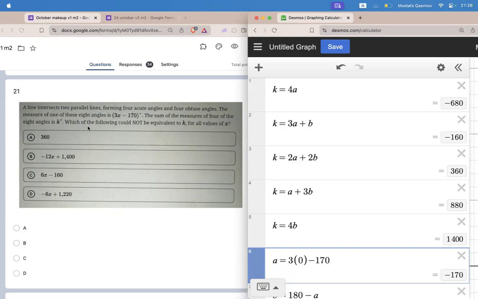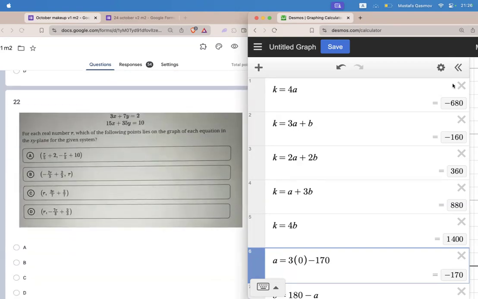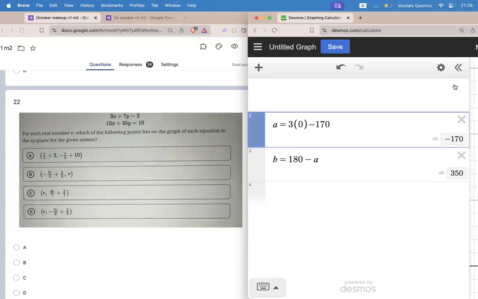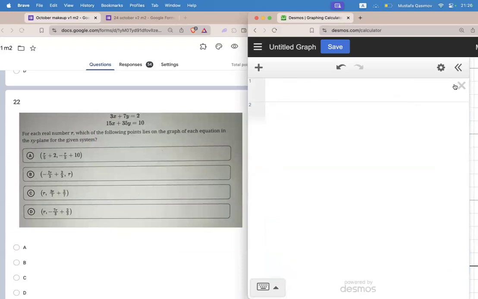Last question, we have to just write this simple equation in Desmos. You can see that if you multiply the first one by 5, you will get exactly the second one. That's why if you write one of them here, it is enough: 3x plus 7y is equal to 2.